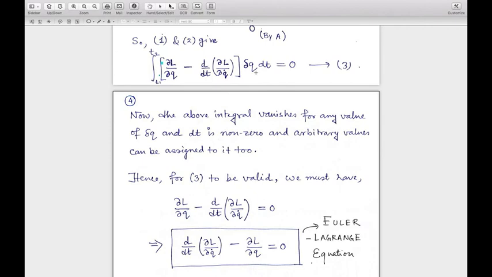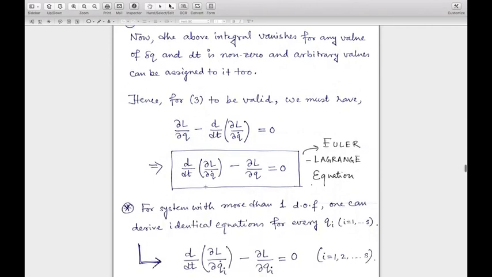So for that, we can say that this integrand should vanish. You can again make another specific choice. Let's say you change your q_2 to q_2 plus δq_2, and you keep all the other q_i's unchanged. If you do this type of trick, then for every single q_i you can prove this type of equation, right?